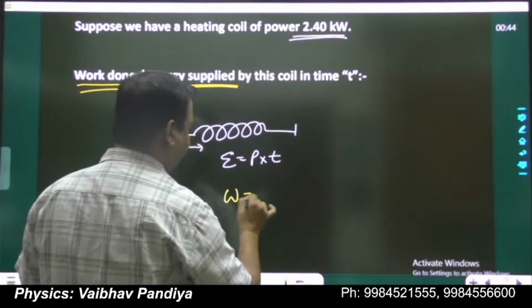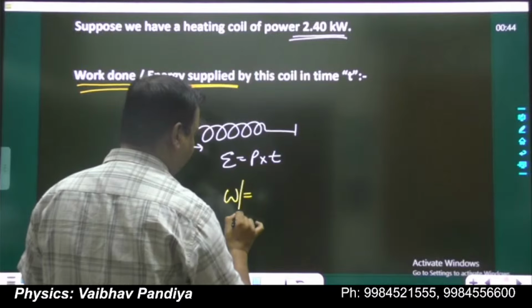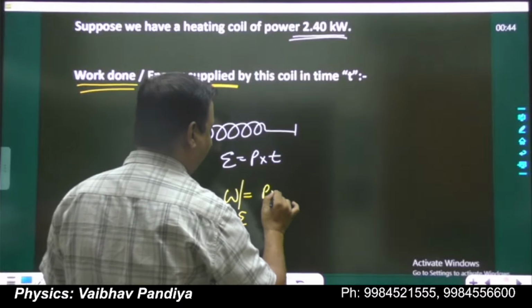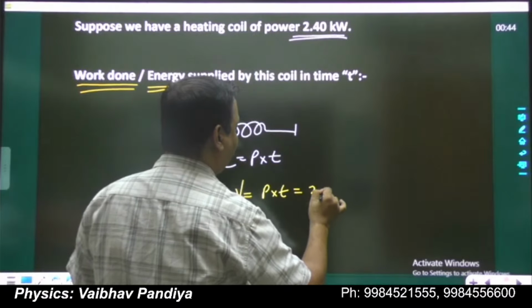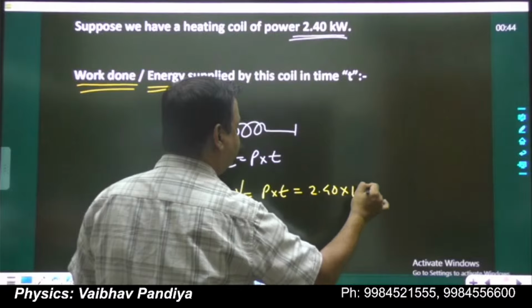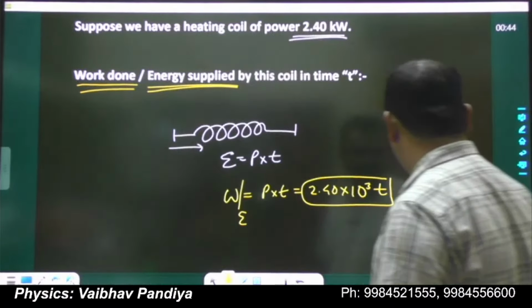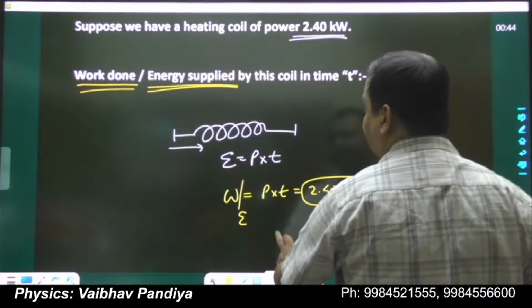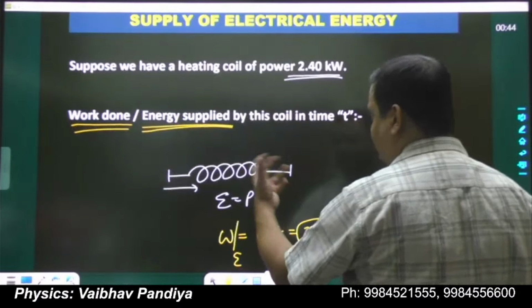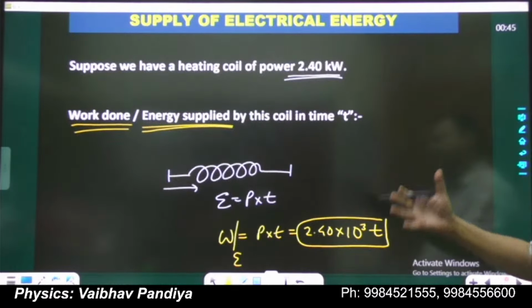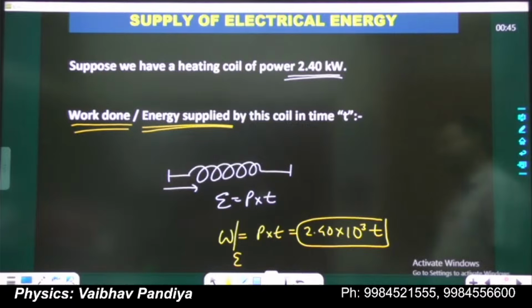So work or energy will be P into T. So P is 2.40 kilo, which means 10 power 3, into T, correct? So this is something very basic which you must have done in lower classes, correct? This is how we will find the work done by the electrical energy which is being supplied. Actually, I made a recap because this thing is going to be used in some of the numerical problems of thermodynamics.